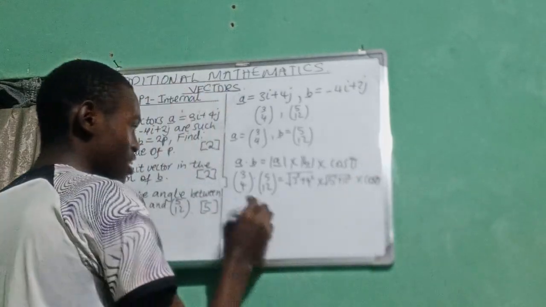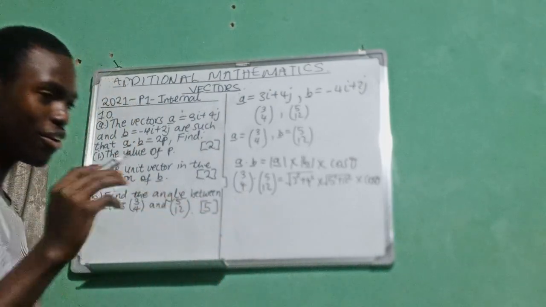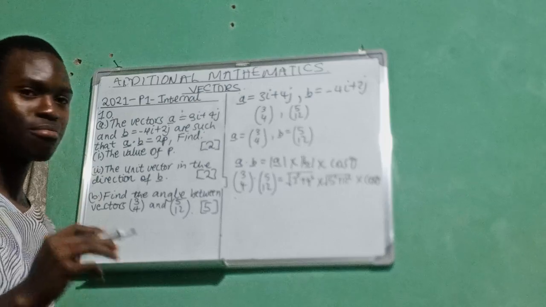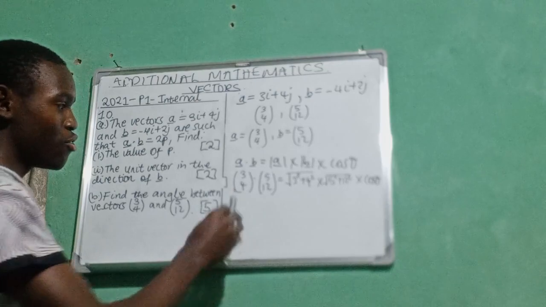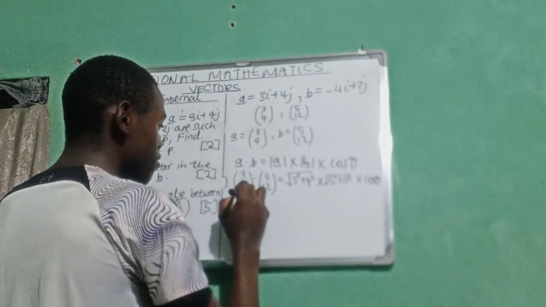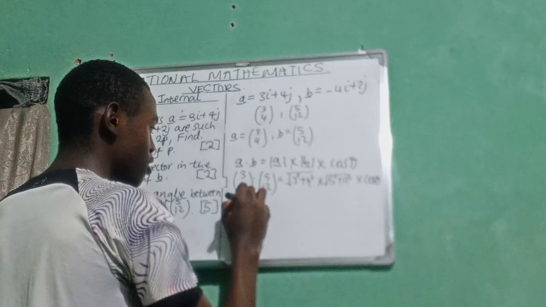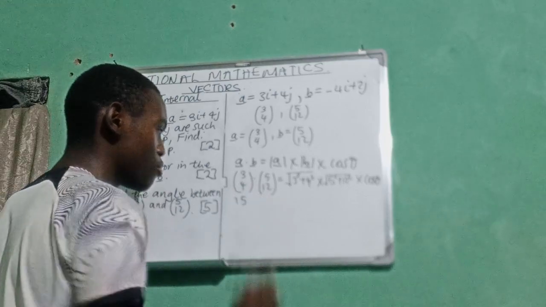Then we multiply corresponding numbers: 3 times 5, 4 times 12. 3 times 5 is 15, of course. 4 times 12 will give you 48.